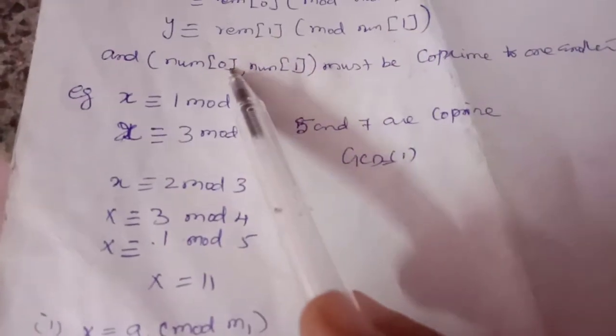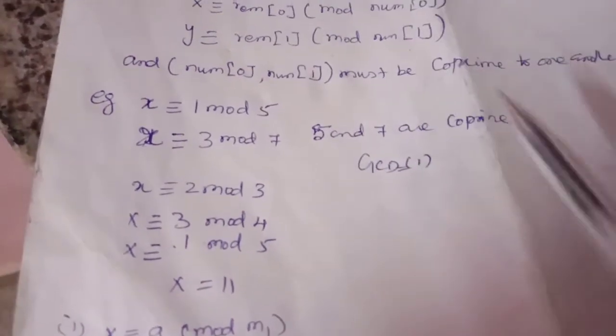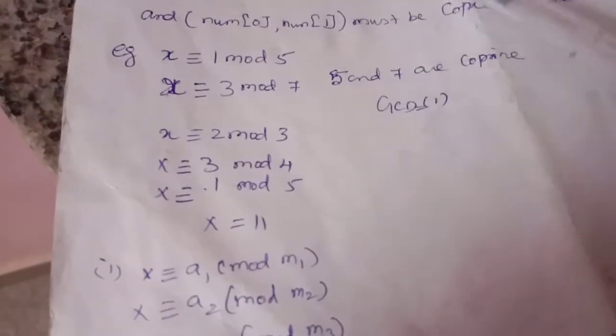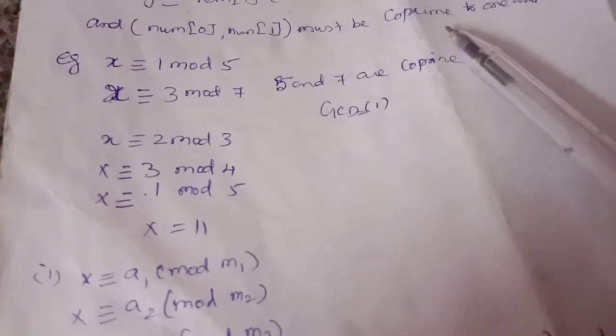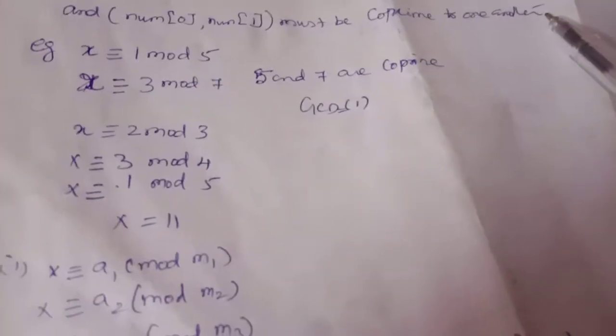One condition it should satisfy is that number 0 and number 1 must be co-prime to each other.